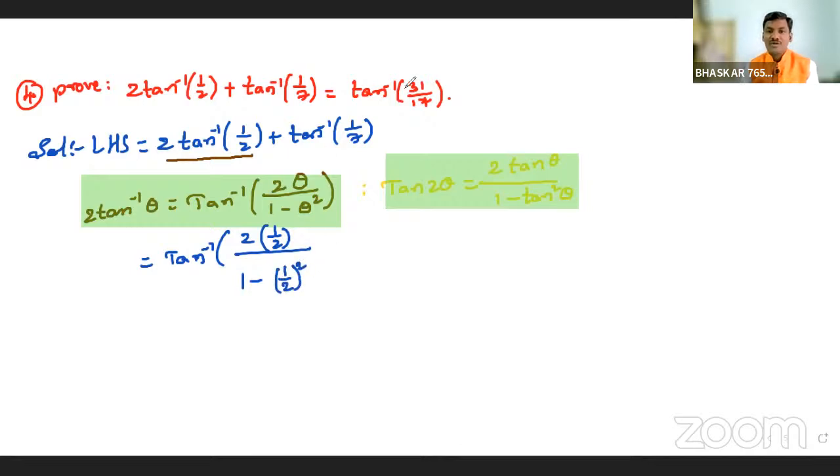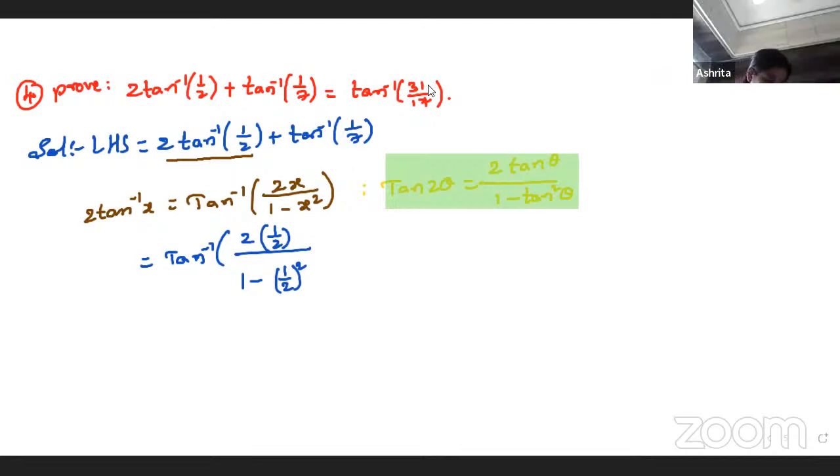Or you can replace theta with x. So 2 tan inverse x is equal to tan inverse of 2x divided by 1 minus x square.